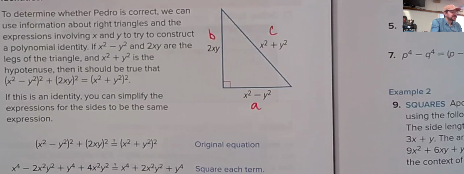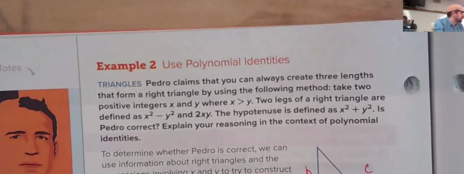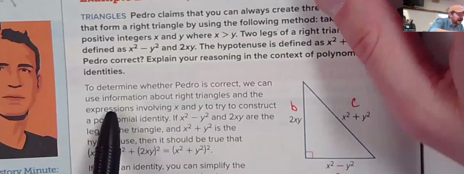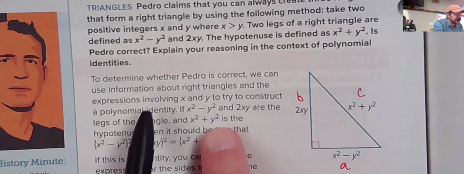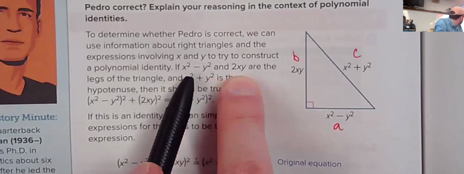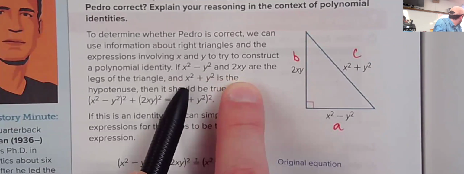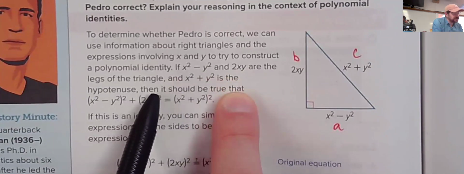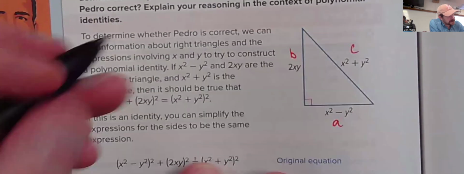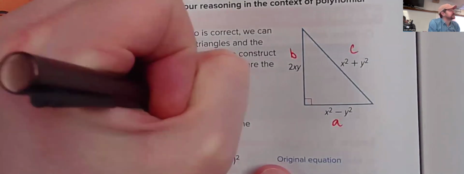It says to determine whether Pedro is correct, we can use information about right triangles, like the Pythagorean theorem, and expressions involving x and y to try to construct a polynomial identity. If x squared minus y squared and 2xy are the legs of the triangle and x squared plus y squared is the hypotenuse, then it should be true that a squared plus b squared equals c squared.